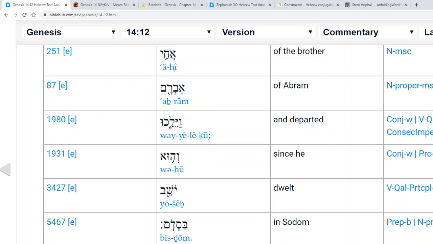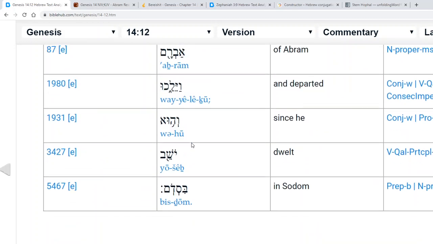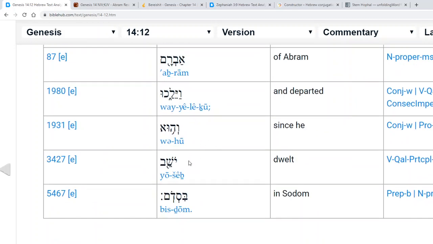Vayelchu, so again, conjunctive vav. Yalchu, like we had, it's getting flipped, right? And they went. Vehu, so conjunctive vav again. Who is he, and the he refers to Lot, I believe. Yeah. Vehu Yoshev, right? I usually use dwelt.